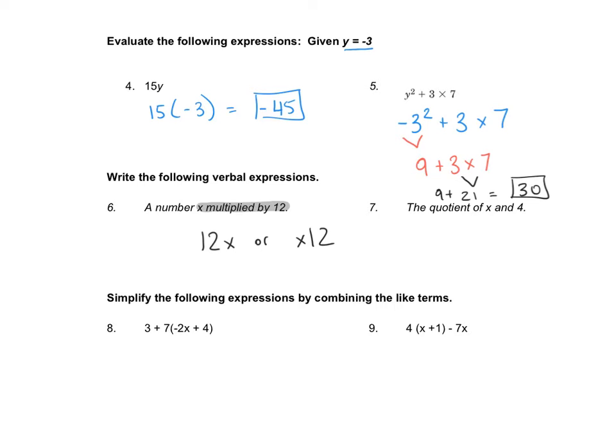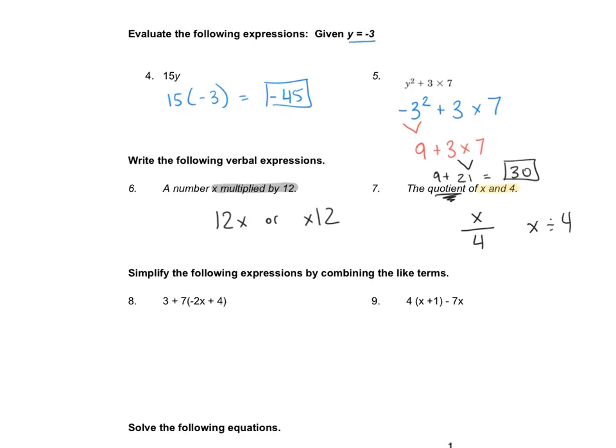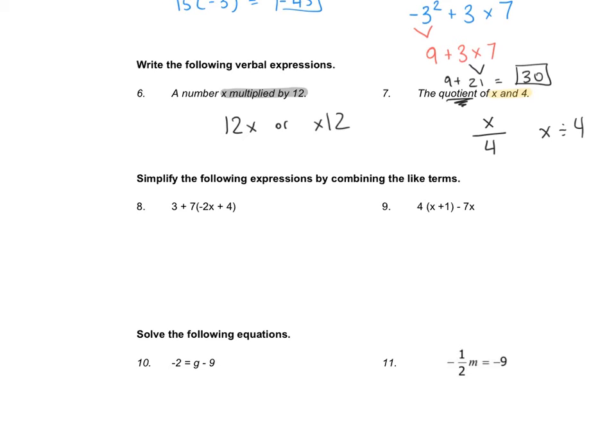My next one here, the quotient of x and 4. So remember, this is division whenever you see quotient. So x divided by 4, could write it like that, x divided by 4 like this. Remember, a fraction is just a division question.